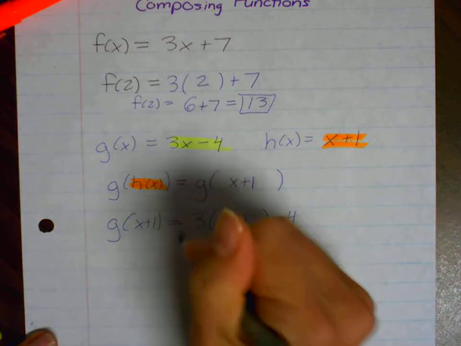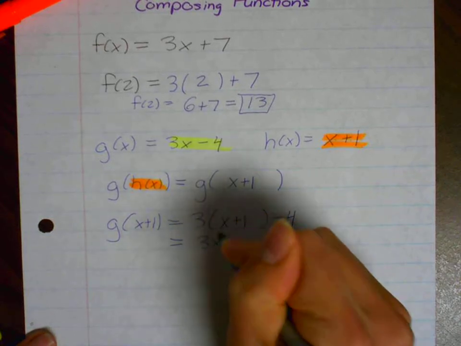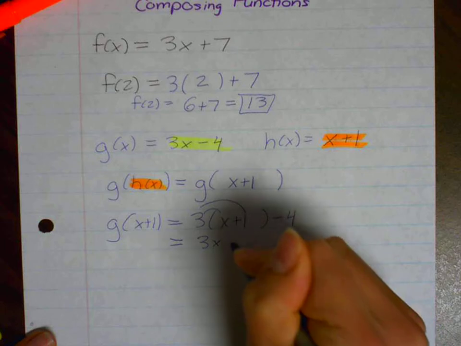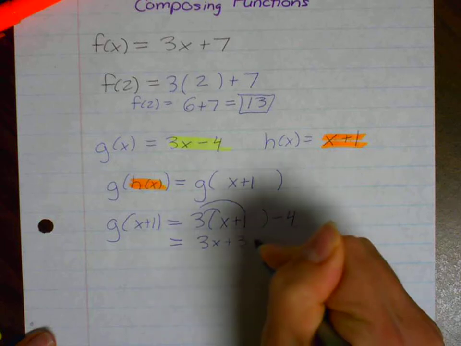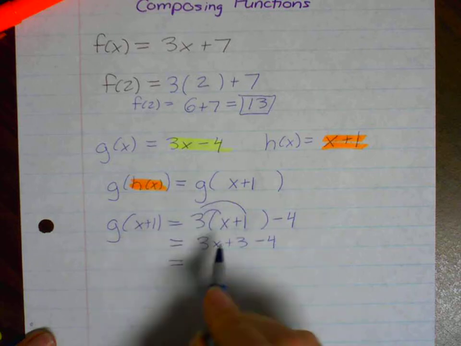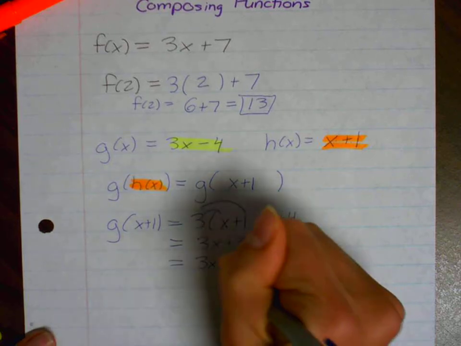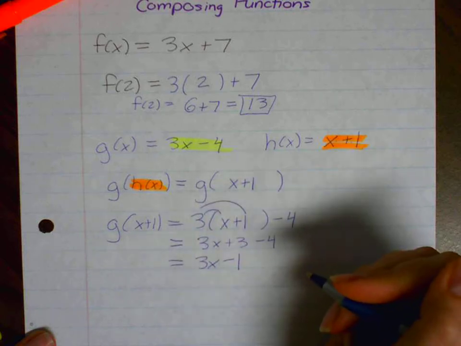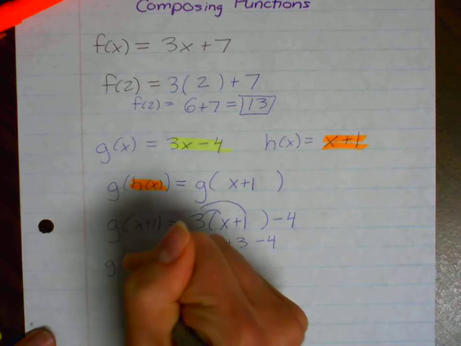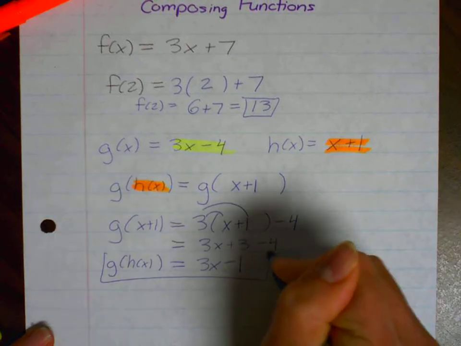I need to simplify. All right, I have 3 times x, 3 times 1, and then I have this minus 4. If I look at my like terms, I don't have any other x's. 3 minus 4 is negative 1. So this is saying g of h of x is 3x minus 1.